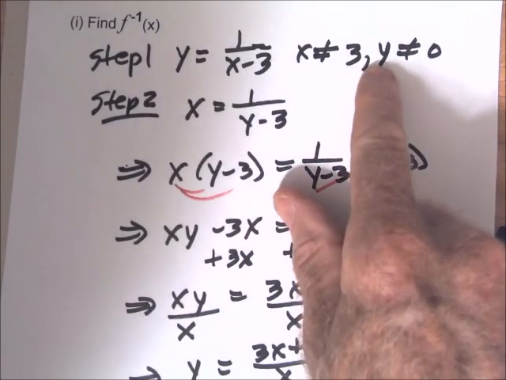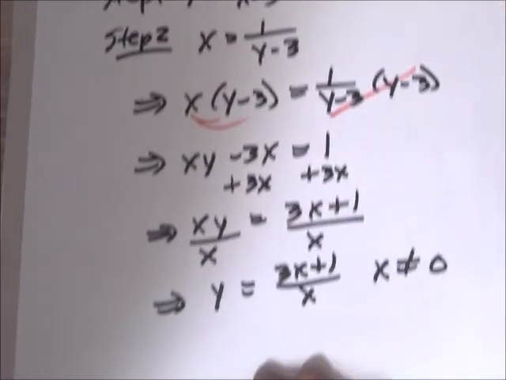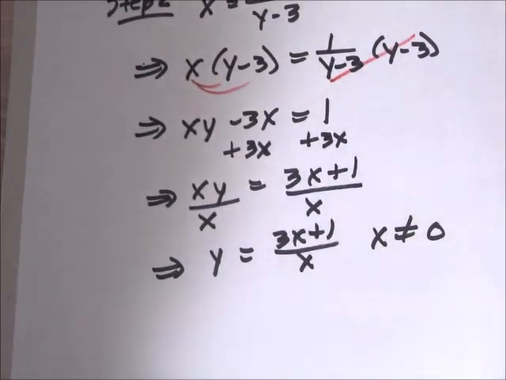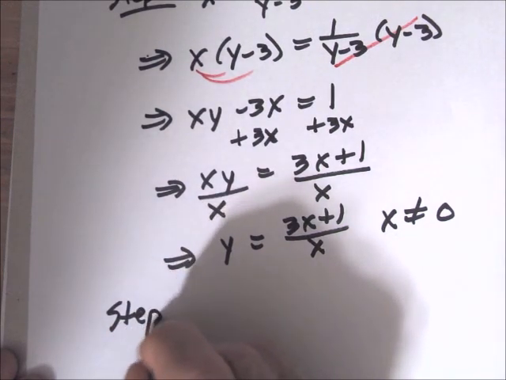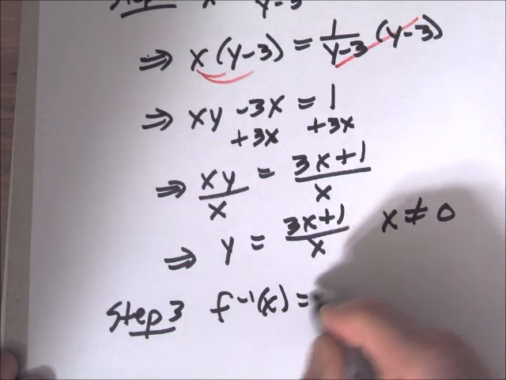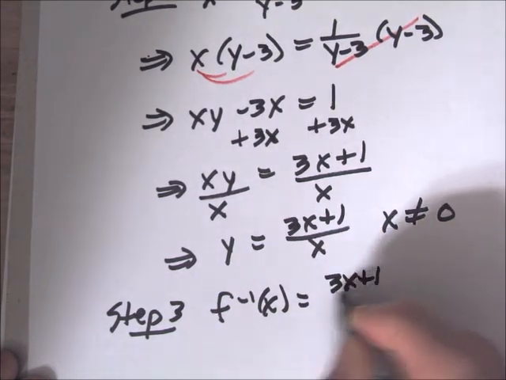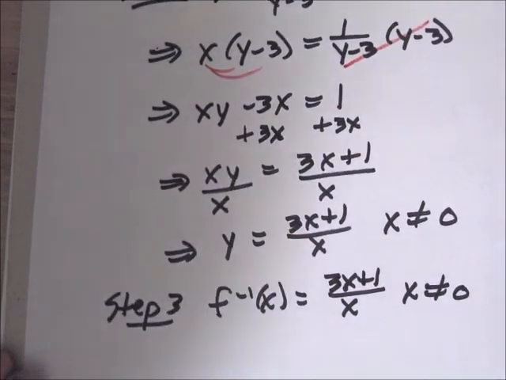That also tells us that for the original function, y was not equal to 0, because we're switching the roles of x and y here. And then the third step, instead of y equals, we'll use the inverse function notation. f inverse of x is equal to 3x plus 1 over x. And this is for x not equal to 0.